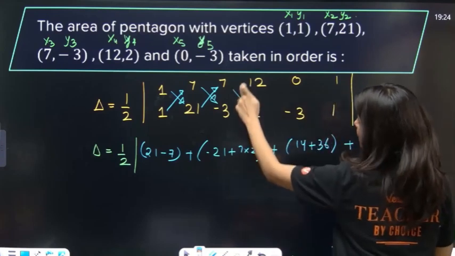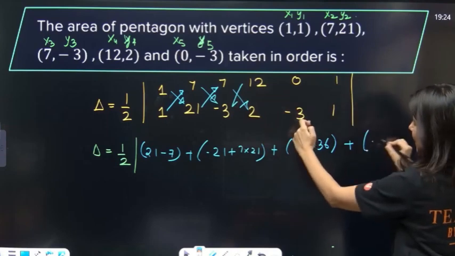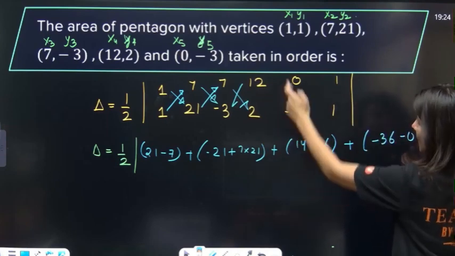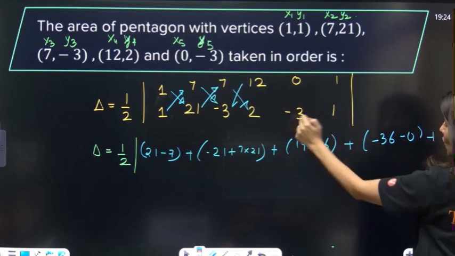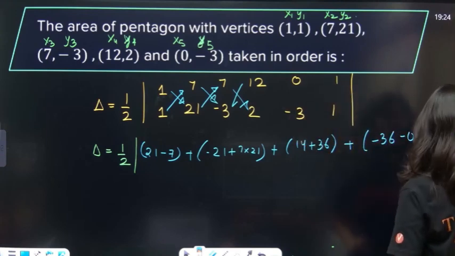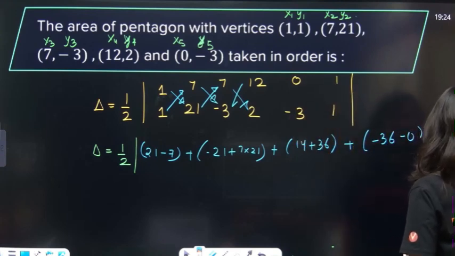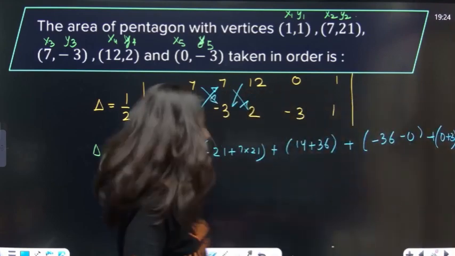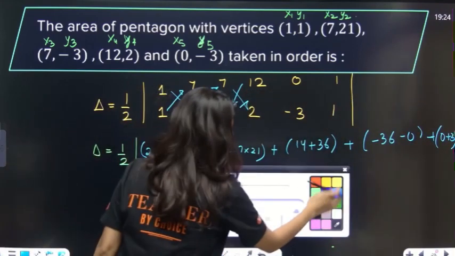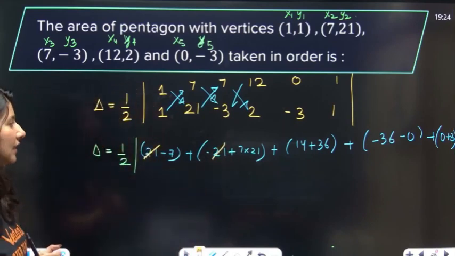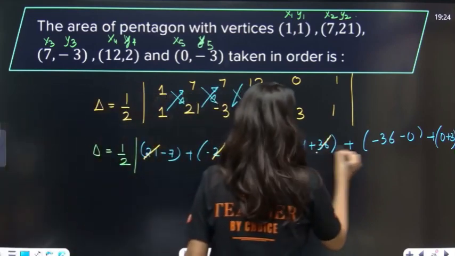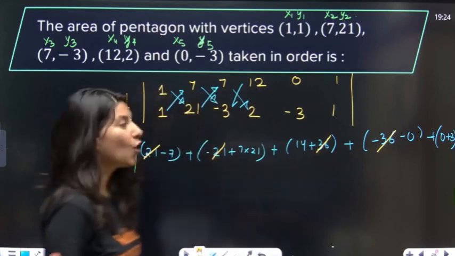So this and this is also done. Now minus 36 minus 0, plus last 0 and plus 3. Make sure that you are writing the correct signs, okay? Now let's cancel. Plus 21 minus 21 gone. Correct? Plus 36 minus 36 gone, okay?